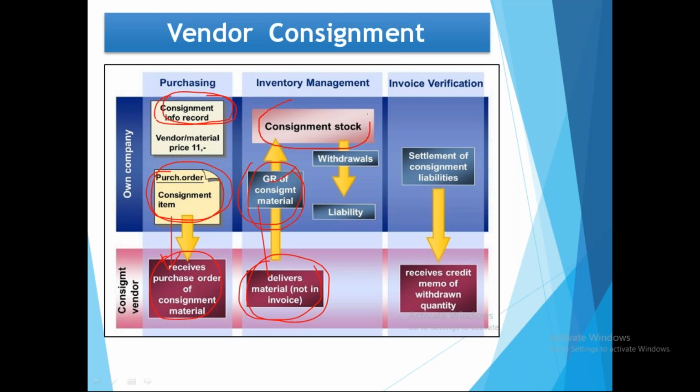It will go as consignment stock. Whenever you require it, you withdraw from the consignment stock, and the system will create a liability. At that time it will generate an accounting document, and using that you will do the invoice verification at a particular frequency. So this is the process flow of vendor consignment.